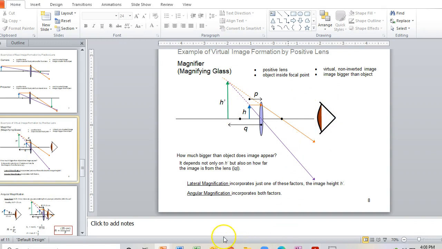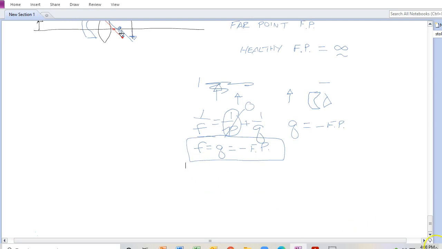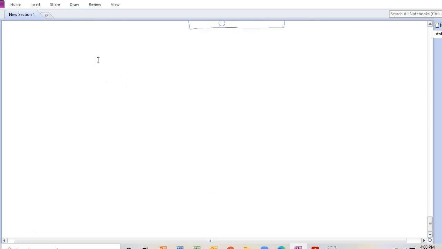The way we will do our amateur optometry work for this condition is we'll still use the thin lens equation, but we're going to set P to 25 centimeters. When the object is placed 25 centimeters from your eye, we want the virtual image formed at minus, because Q is negative, it's a virtual image formed on the left side of the lens, negative the near point of the eye.